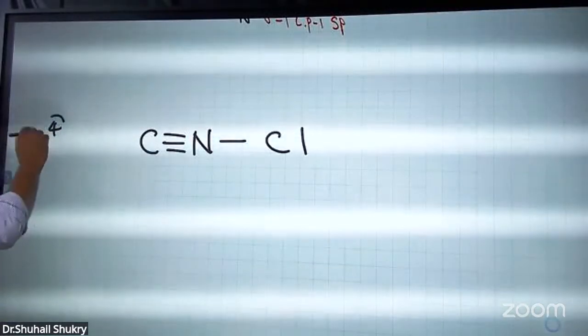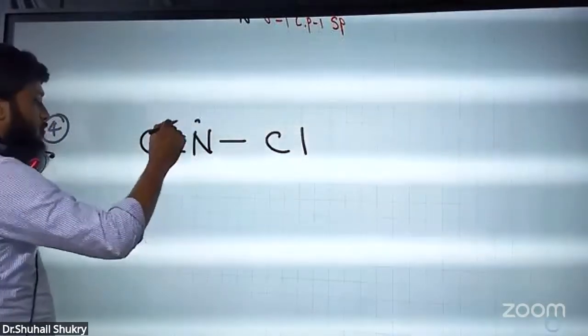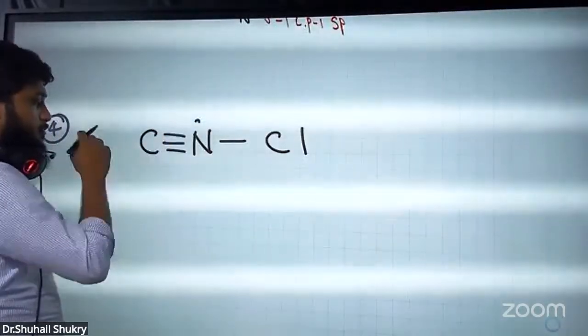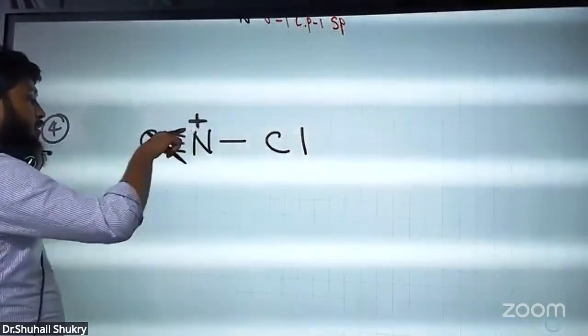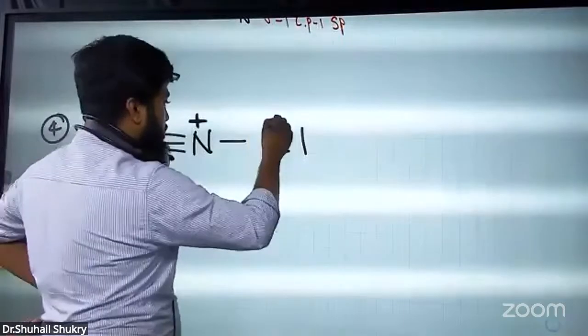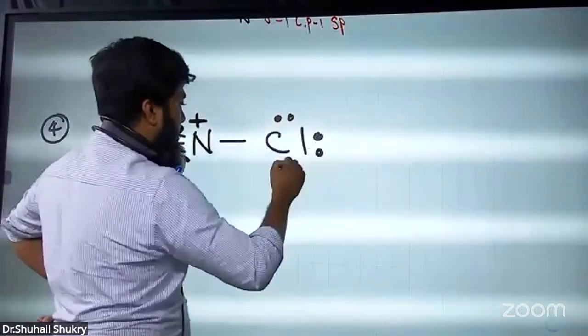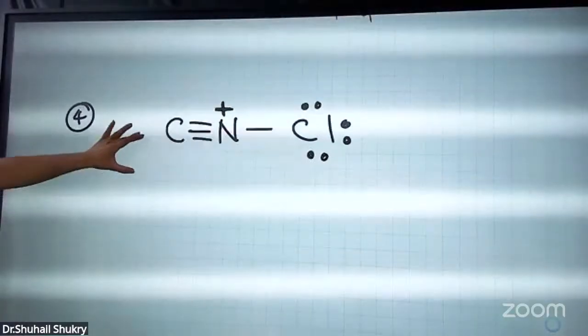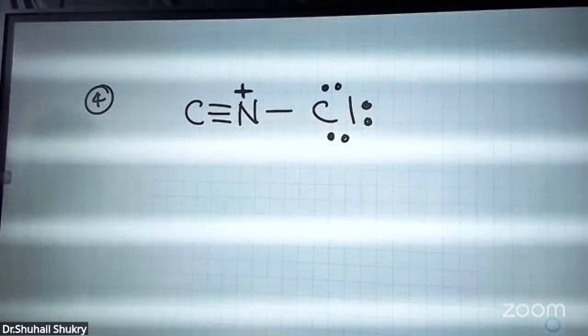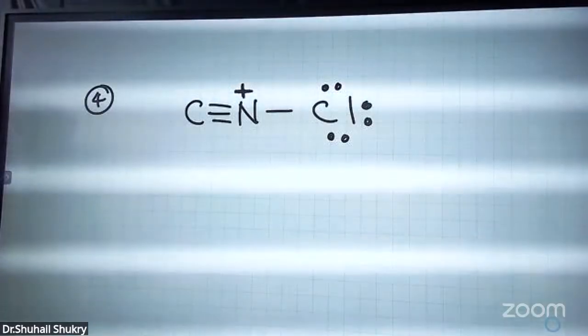This is number 4. When there are plus charges and all, you don't consider those things. You just do as it is, the way whatever you're finding. You just see the sigma bonds and lone pairs, and keep on continuing this.